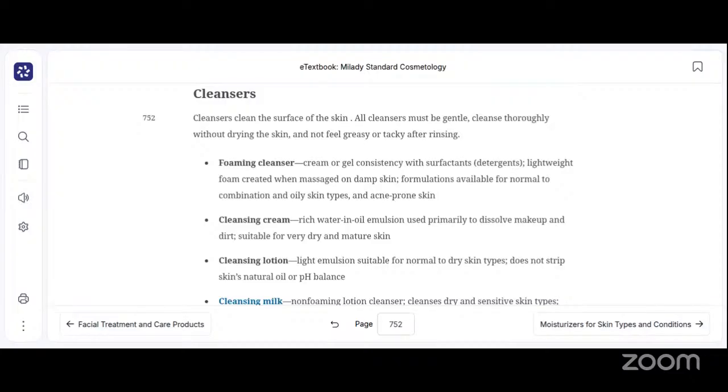They come in foam cleansers, cleansing cream, lotions, milk. Also, recently, the estheticians were introduced to cleansing oils. So there are cleansers that come in all capacities.